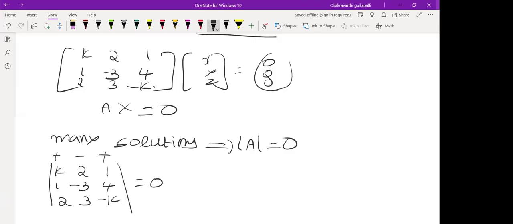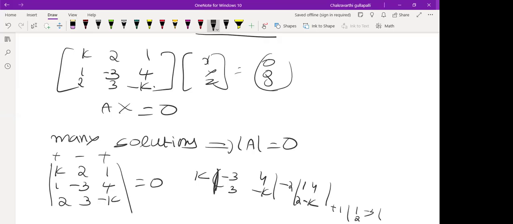Plus minus plus. So K into minus 3 minus 3 4, 3 minus K, minus 2 into 1 4, 2 minus K, plus 1 into, closing the row and column, 1 minus 3, 2 3 is equal to 0.